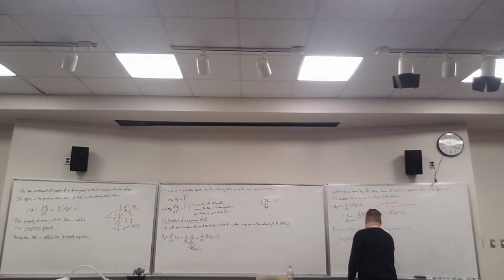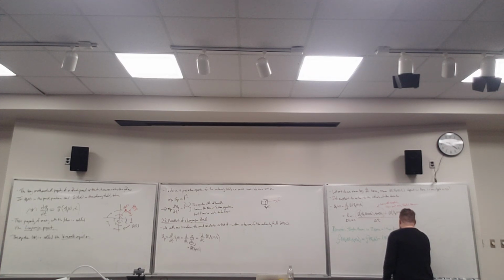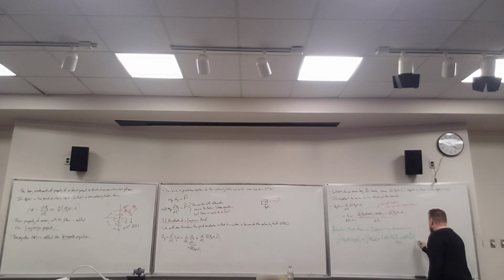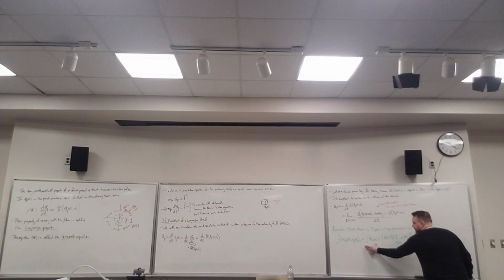That's given by f of x naught, t naught, plus delta x dot the gradient of f evaluated at x naught, t naught, plus delta t times the partial time derivative evaluated at x naught, t naught. If we expanded this out, we would get 4 terms, actually 5 terms. We have our base term.